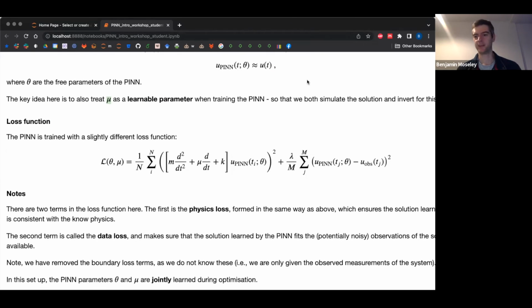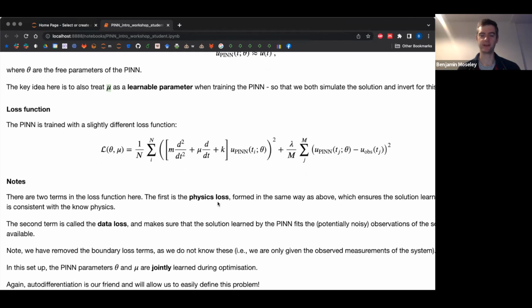So how are we going to train the PINN? The loss function is fairly similar. We have the same physics loss term here. This is exactly the same as what I had before, where we get random time points in the domain and evaluate the physics loss. And then I've removed the boundary loss terms here because I'm assuming we don't actually know what the initial conditions are in this case.